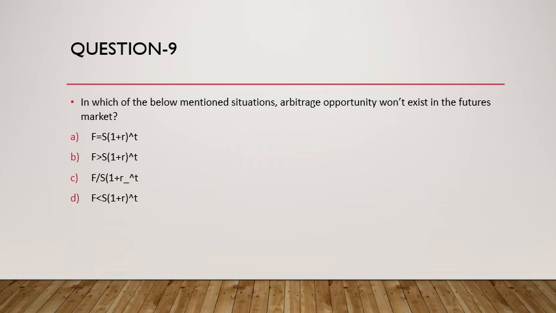We know that arbitrage opportunity won't exist when futures price is equal to spot plus the cost of carry. So futures price is equal to spot plus cost of carry in the first formula, and that's why there would be no arbitrage opportunity. In the second and third situations, because futures price is not equal to spot plus cost of carry, there would be arbitrage opportunities. So the answer becomes A here.